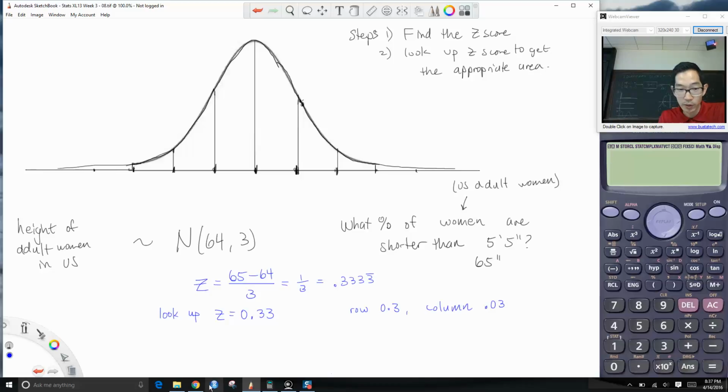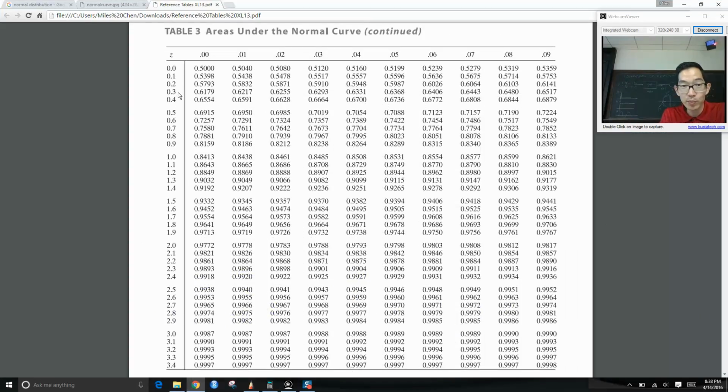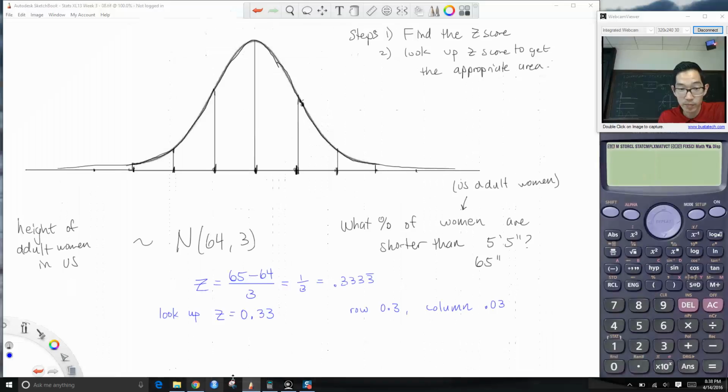In our table, I go to the row 0.3 and the column 0.03, and I get 0.6293. So from the table it says 0.6293.